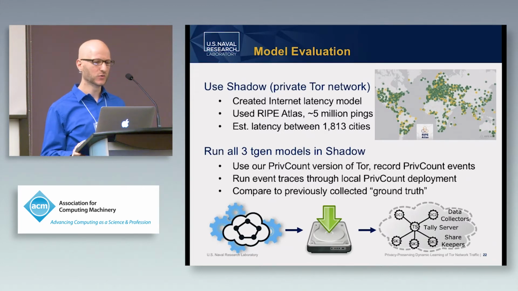When running this in Shadow, we configured our relays to export these PrivCount events to files, and we save them to disk. And then following our Shadow experiments, for each of the relays running in Shadow, we loaded these PrivCount event files into a local instance of PrivCount. And then this outputs the same statistics that we measured in the live Tor network. So this is a way to easily compare our results.